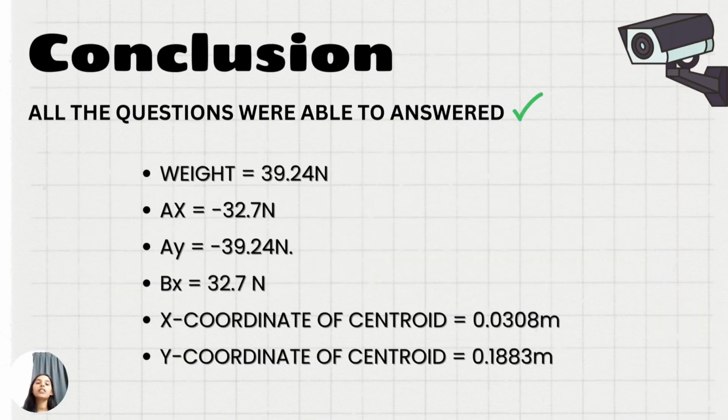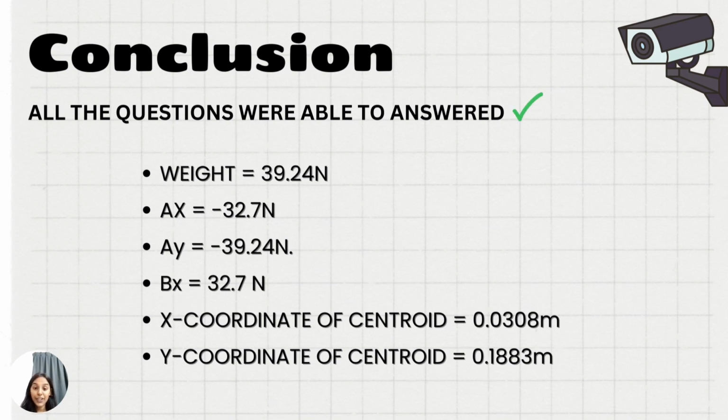In conclusion, all the questions and queries were able to be answered by the end of the project. We were able to find the weight of the CCTV by assuming its mass is 4 kg. The weight of the CCTV is 39.24 Newton. Then all the forces were calculated by assuming that the net forces and moments are equal to 0, where we found AX equals negative 32.7 Newton, AY equals negative 39.24 Newton, and BX equals 32.7 Newton.